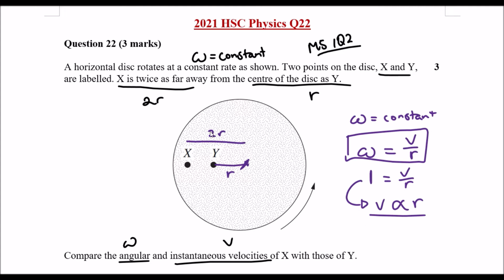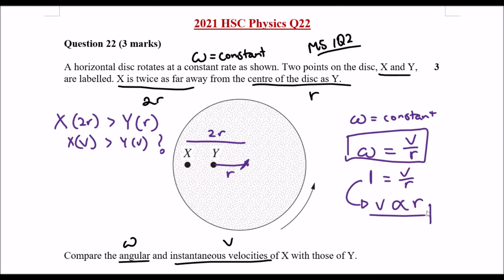So, what we have here, we know that x as a radius is twice as big as the radius of y, which means we should expect that the velocity of x should be also bigger than the velocity of y. But by how much?